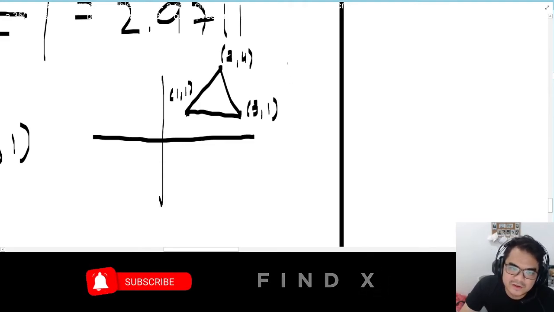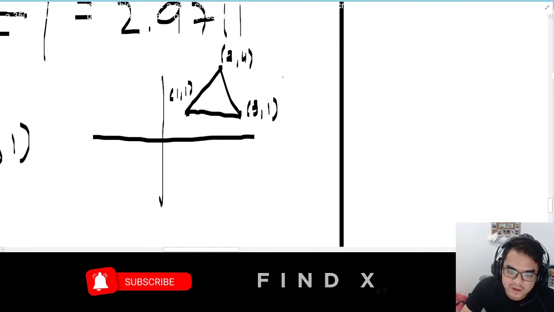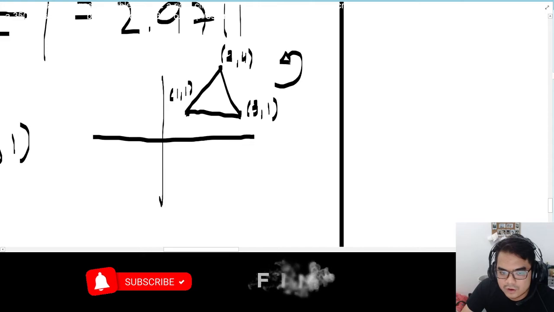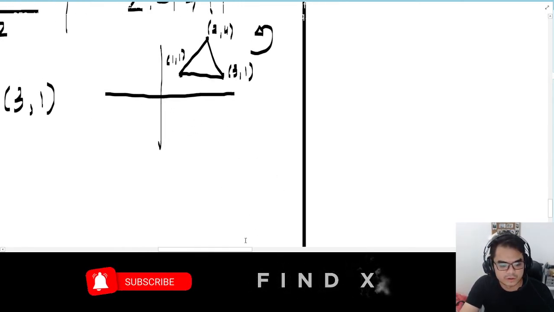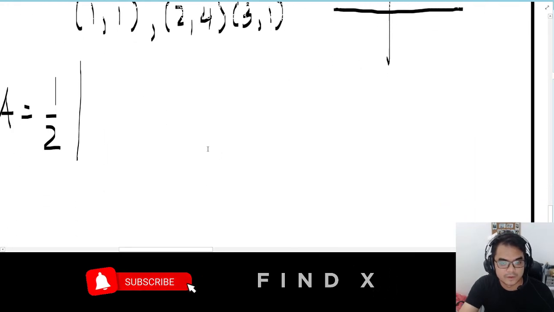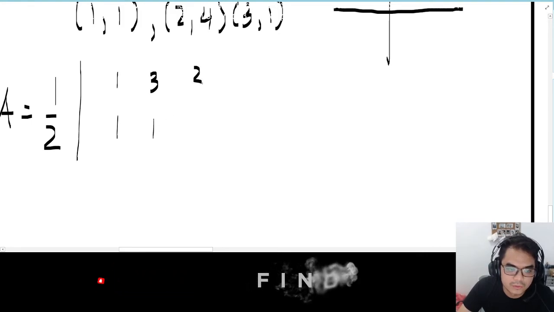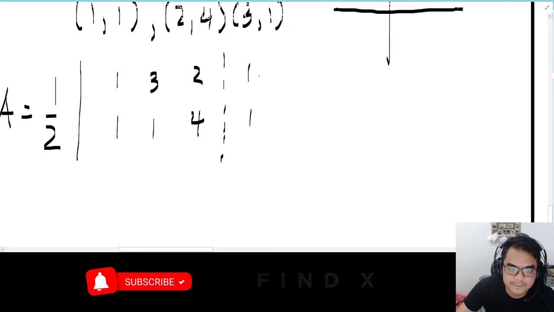It doesn't really matter if you trace it counterclockwise or clockwise, because if you got it wrong, you'll just get a negative area. So let's just trace it counterclockwise. So 1 1, 3 1, 2 4, and then you have to repeat the first column to close out the revolution.